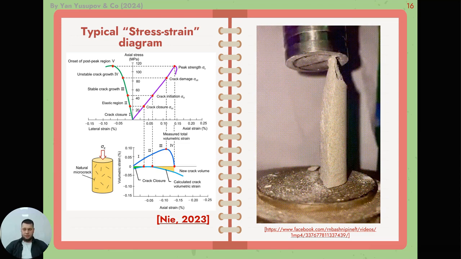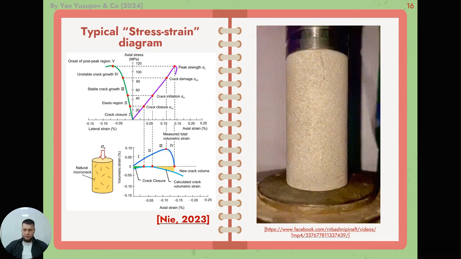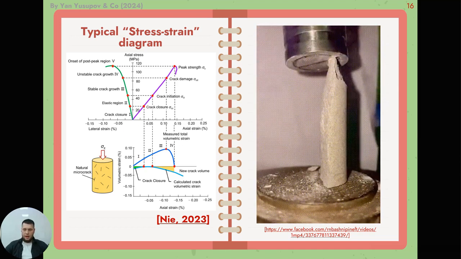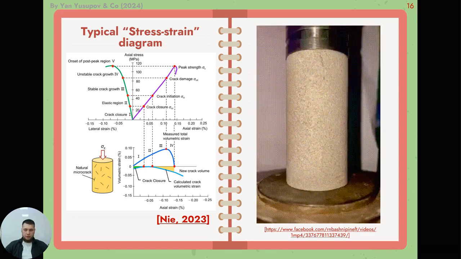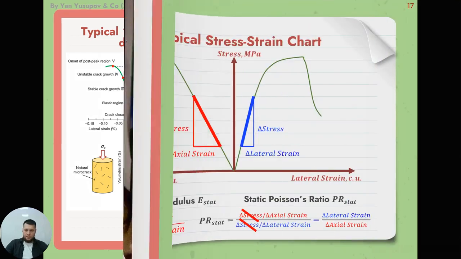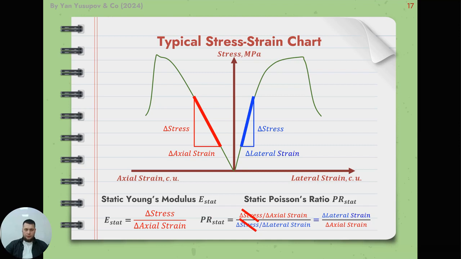At first there is the natural fracture closure stage, then elastic deformation stage, fracture stable growth stage, fracture unstable growth stage, and post-peak stage. This is the defining of static elastic properties on a typical stress strain chart, and we discussed it in the previous lecture.